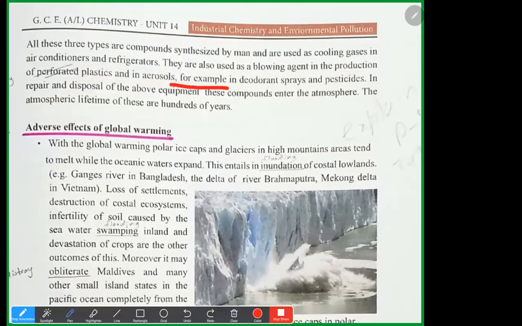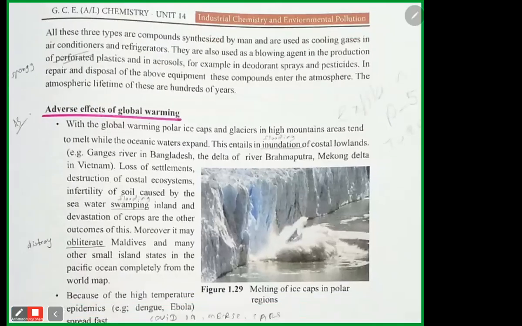For example, deodorant sprays and pesticides in aerosol sprays. In repair and disposal of the above equipment, these compounds enter the atmosphere. The atmospheric lifetime of these is hundreds of years. And once they form these free radicals, they continue to live forever.